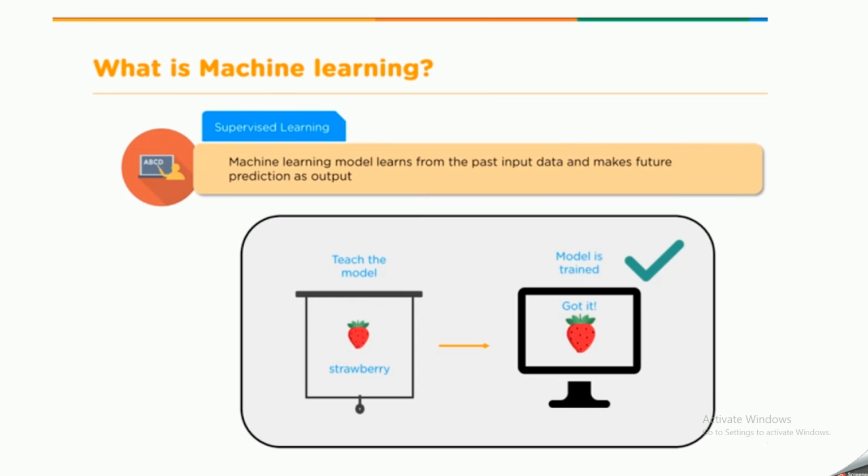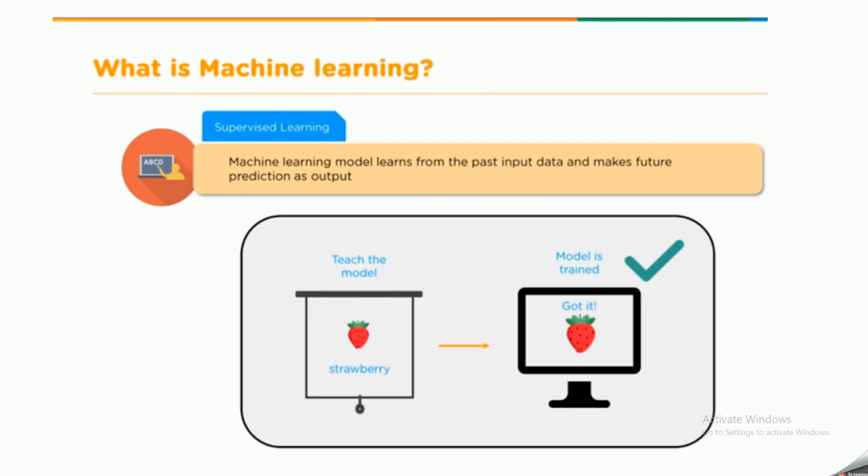Supervised learning, what does it basically mean? The machine learning model learns from the past input data and makes future predictions as output. If you remember the tagline, it is nothing but train me. All right. So this is supervised learning.